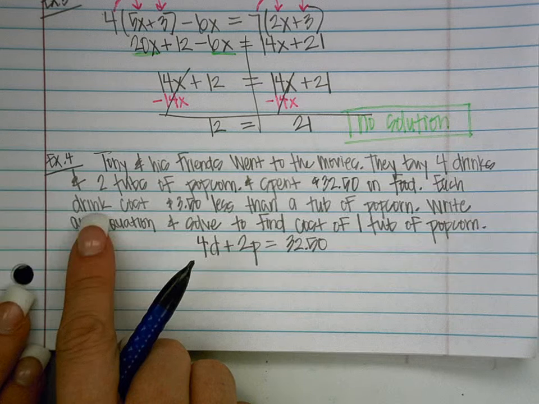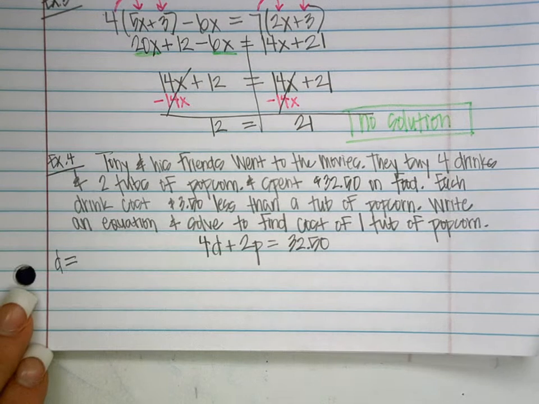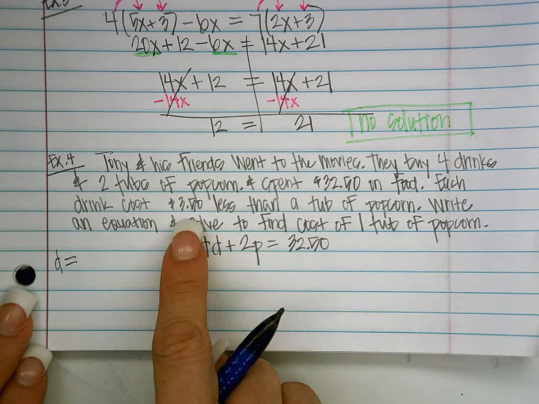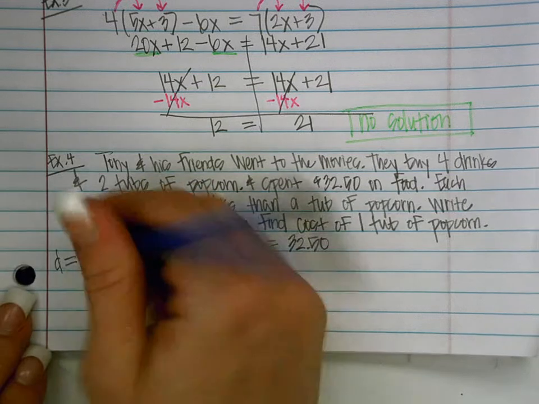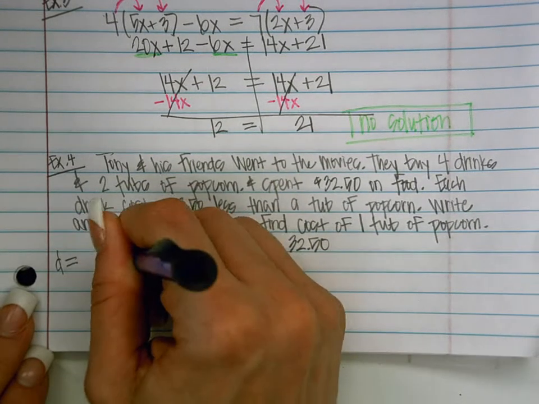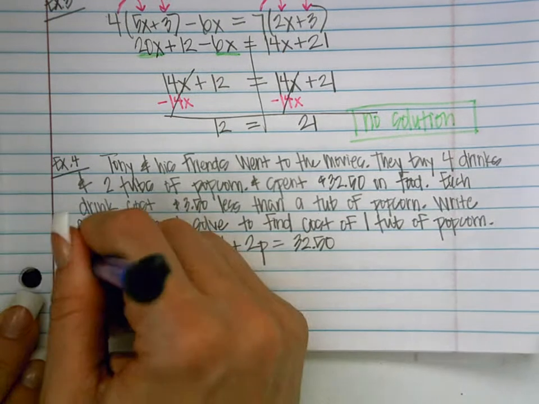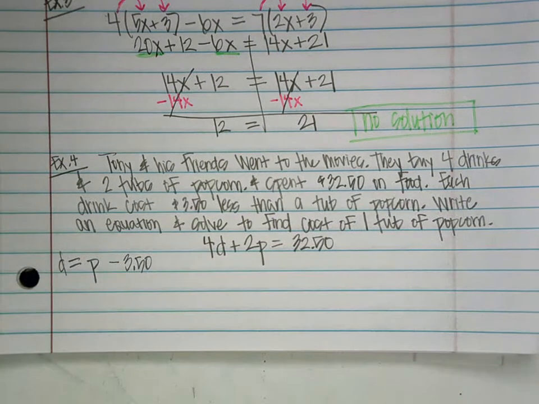Each drink, so a drink cost or was equal to, how do you write $3.50 less than a popcorn? Less than means what? Does it go first or last? Last. So it would be popcorn minus $3.50. Then we're going to substitute.